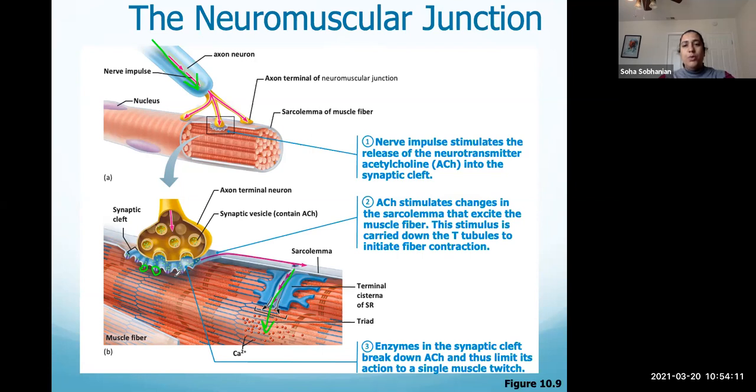So movement of sodium and potassium causes an electrical impulse inside the muscle fiber slash cell, because we said muscle cell and fiber are the same thing.